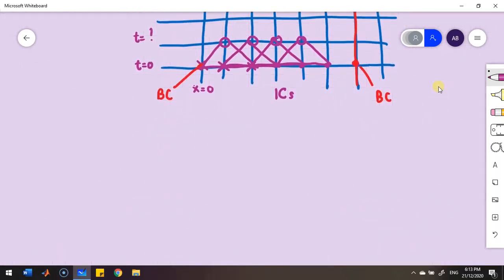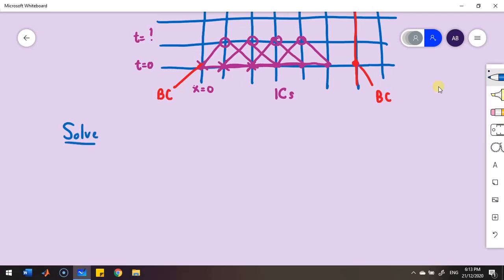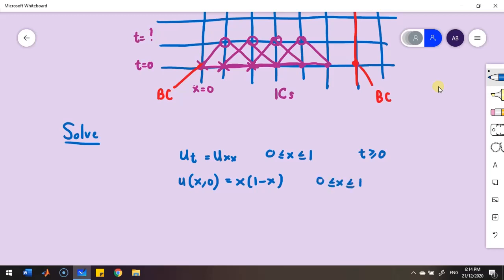So let's solve one problem. I'm given: solve u_t equals u_xx, where x is from 0 to 1, for t greater than 0. My initial condition is given as u(x,0) equals x(1 minus x), for the interval x from 0 to 1.